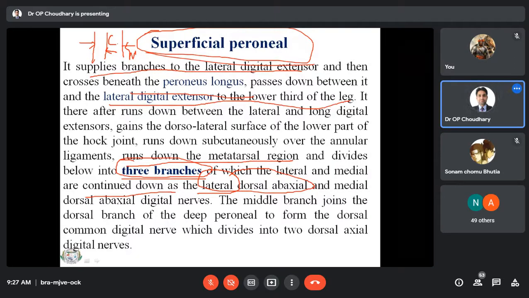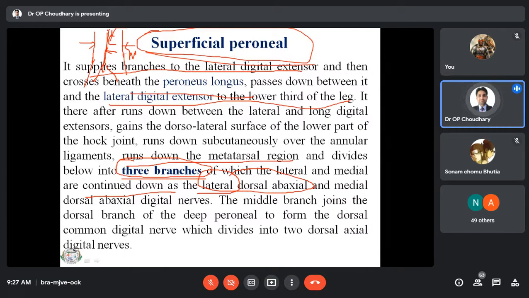So the first one is the lateral dorsal abaxial distal nerve, then the medial dorsal abaxial distal nerve, and in between these two there is the common distal nerve that will divide into two dorsal axial distal nerves. And the middle branch, very, very important, joins the dorsal branch of the deep peroneal nerve.